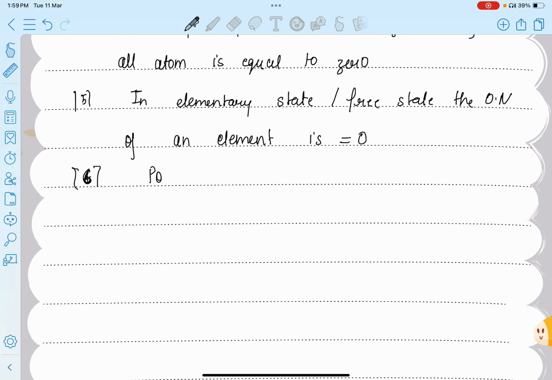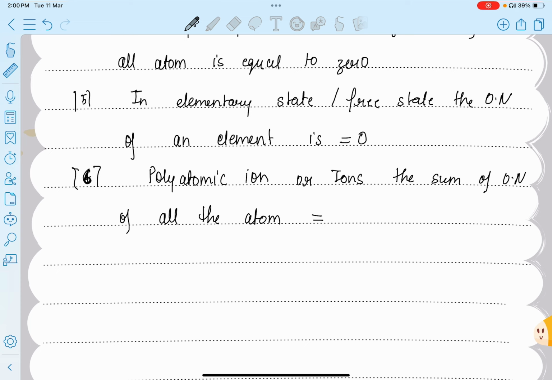Now, in polyatomic ions, made by more than one atom, or general ions, the sum of oxidation numbers of all the atoms is equal to their charge with sign.